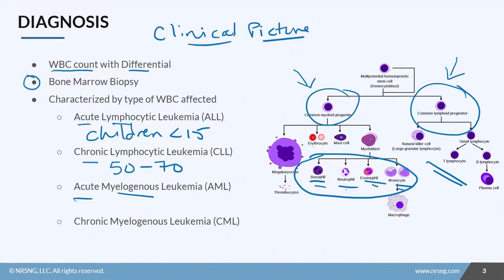Acute myelogenous leukemia, or AML, usually peaks at about 60 years old. And then generally CML, or chronic myelogenous leukemia, the risk increases with age. Generally speaking, acute is more serious than chronic, and acute myelogenous leukemia is more serious than acute lymphocytic leukemia. So of all of these, AML is actually the most serious.